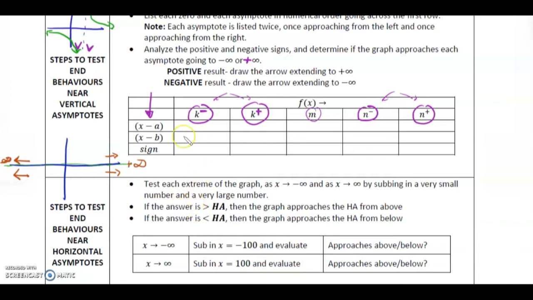Then we're going to sub in x equals negative 100 and x equals 100 and evaluate. We're going to get some number. Then we have to take that number and compare it to the actual horizontal asymptote. Will that number be above or below the horizontal asymptote? And that's where we're going to be drawing our arrows.